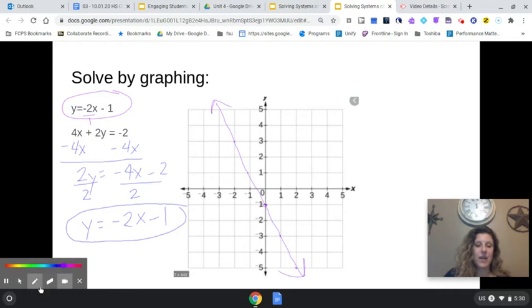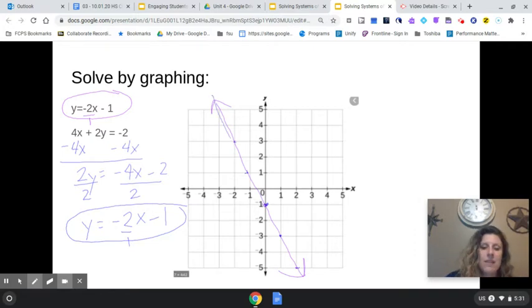Okay, second equation, I'm going to plot in blue. We have a y-intercept of negative 1, and we have a slope of negative 2. So I'm going to move down 2 and right 1. Notice these points are on my original line. So these two lines are the exact same graph. So every single point is going to be a solution because the lines fall right on top of one another.